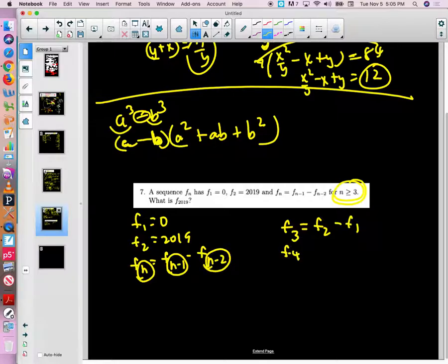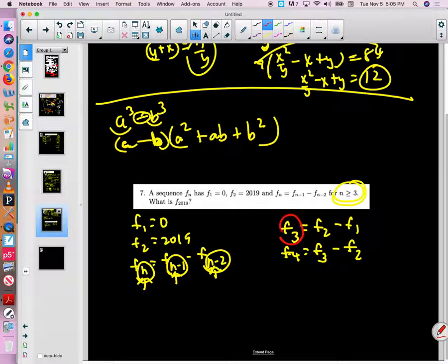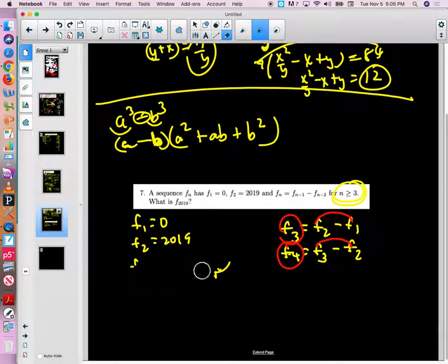If you want f of 4, this is going to be a 3, and this is going to be a 2. So what you see here is to get the third term, you subtract the first one from the second. You subtract the 2 terms before it. If you want the fourth term, subtract the third and the second. So this is what we call recursive.